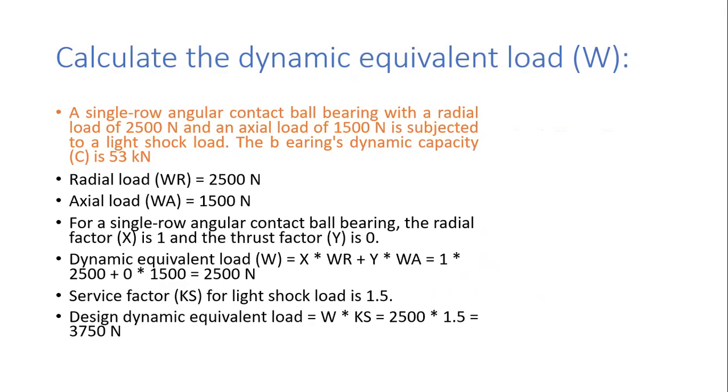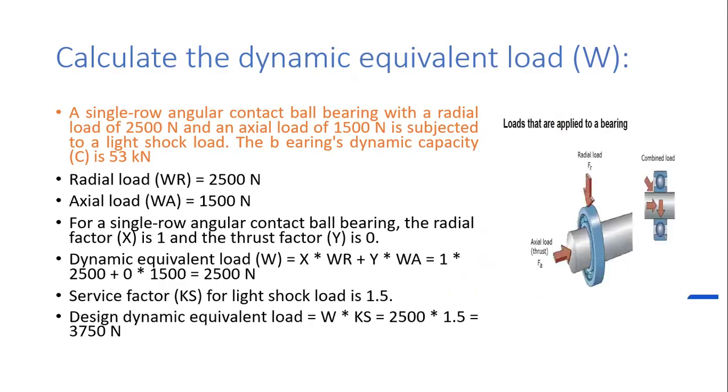The bearing dynamic capacity is given as 53 kilonewton. So before moving to the solution part, let me give you the brief discrimination between radial load and axial load. You can refer to the figure on the right side.